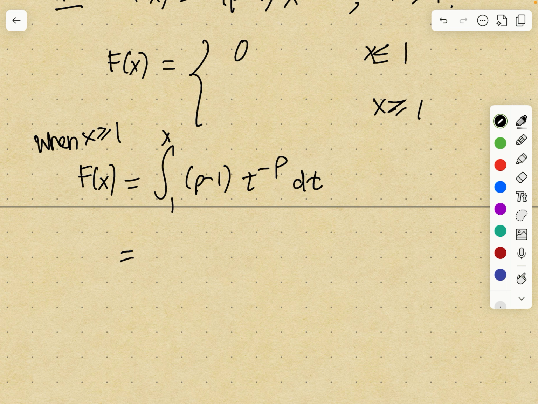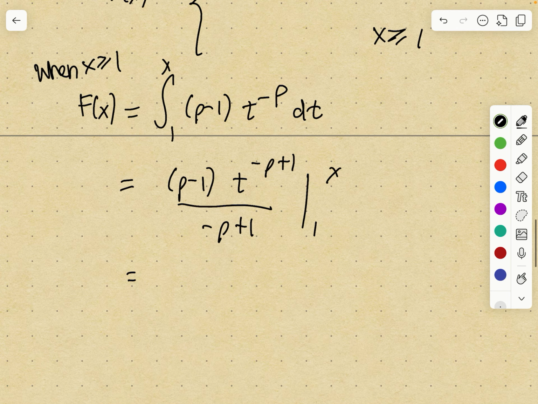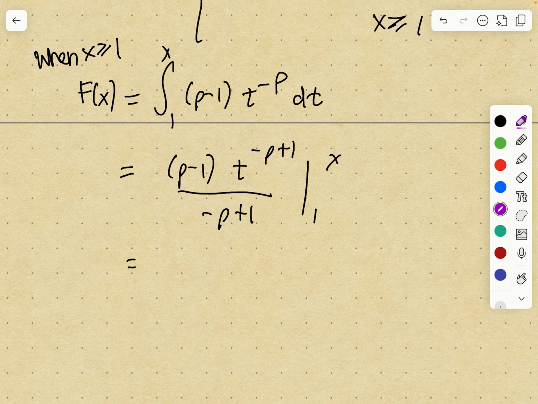And this is going to be rho minus 1 times t to the negative rho plus 1 over negative rho plus 1, from 1 to x. And then dividing, that's going to be negative 1. So you get negative t to the minus rho plus 1 from 1 to x.